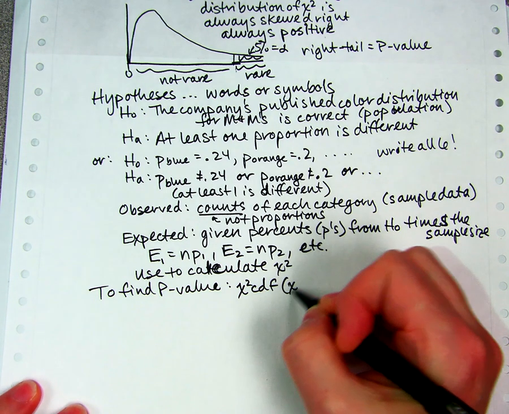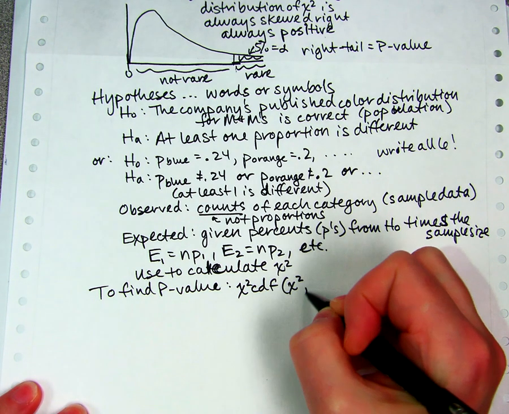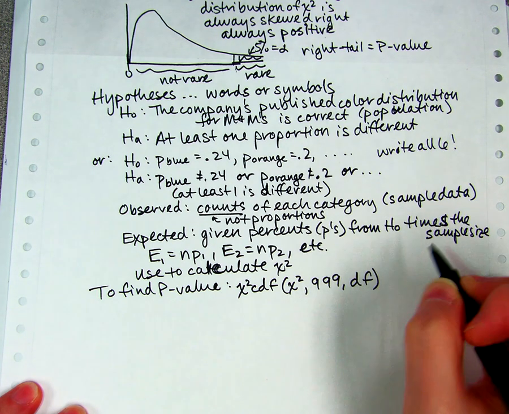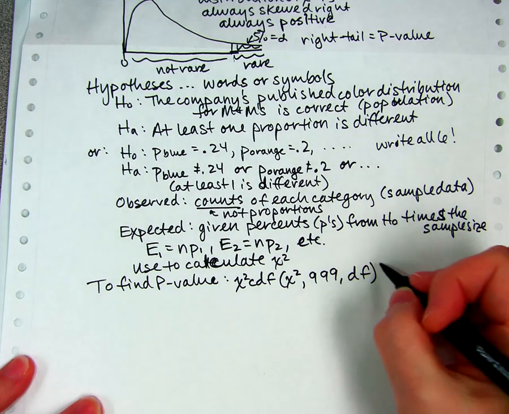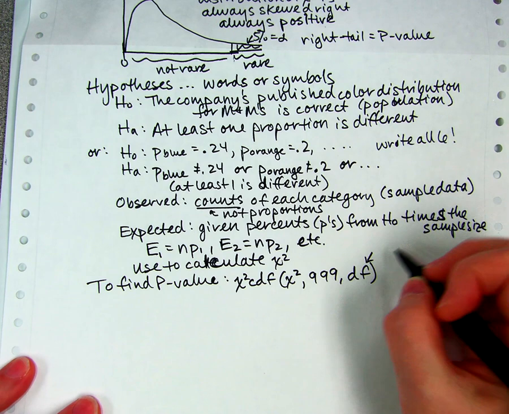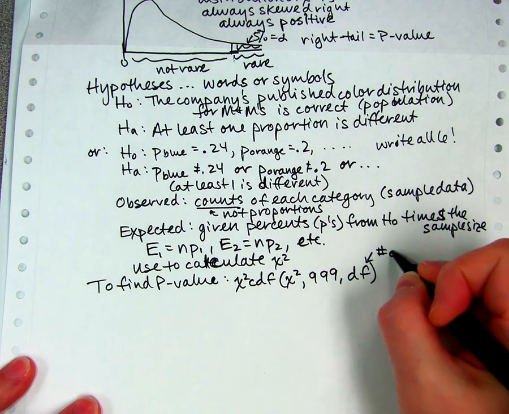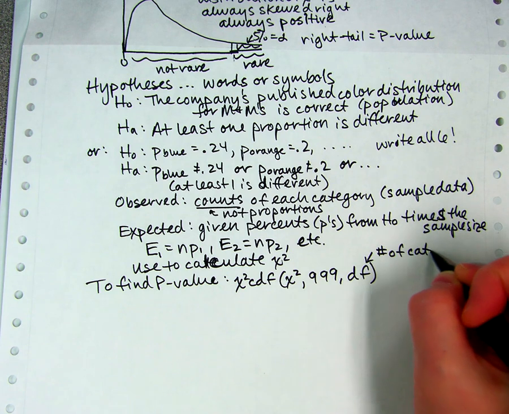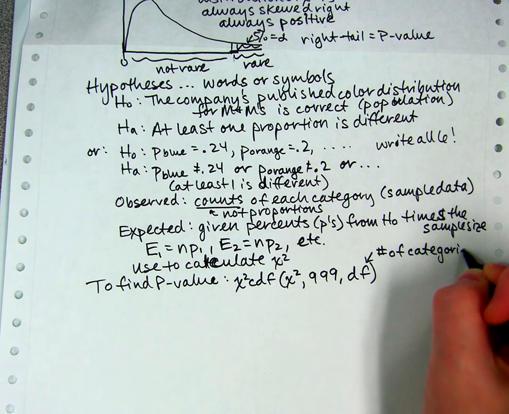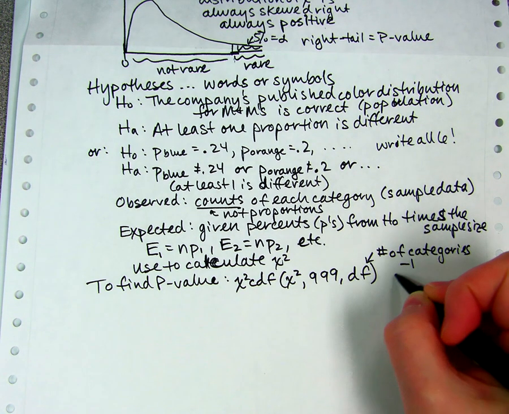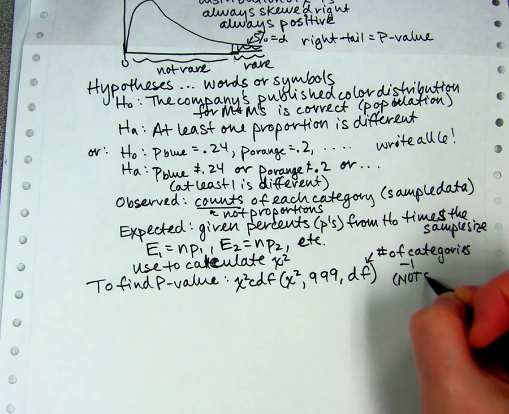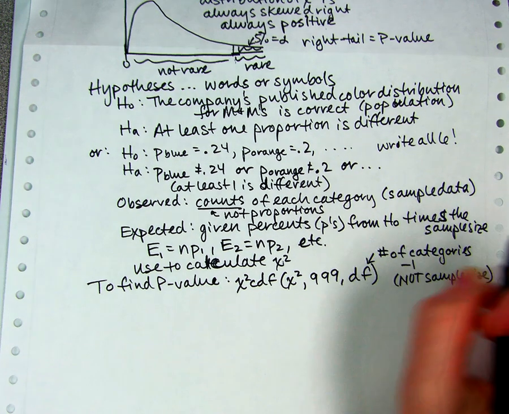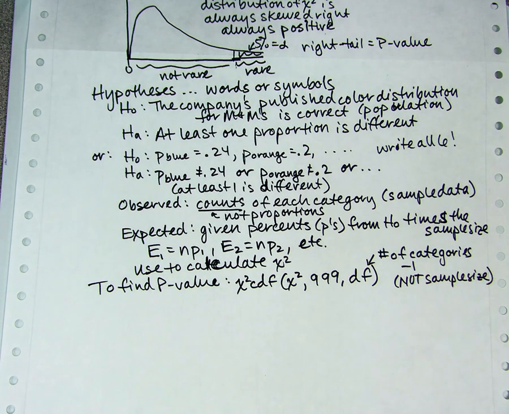And you have chi-squared, and you have your 999 or something like that, and then we have DF. It looks a lot like the ones we've seen before. In this chapter, DF is changing again, and DF is now not the sample size, excuse me, but the number of categories minus 1. So DF is no longer based on the sample size. Now it's based on the number of categories.